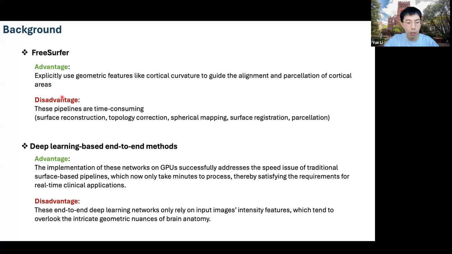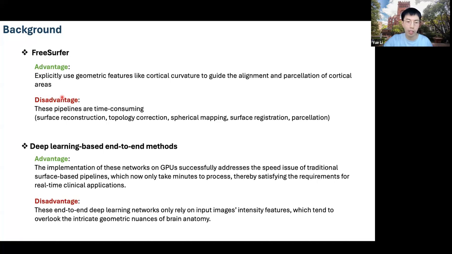Actually, this geometric feature is very important, especially in this field, because the brain cortex is a very thin and highly folded structure, and there is almost no intensity difference between adjacent 2 subregions.